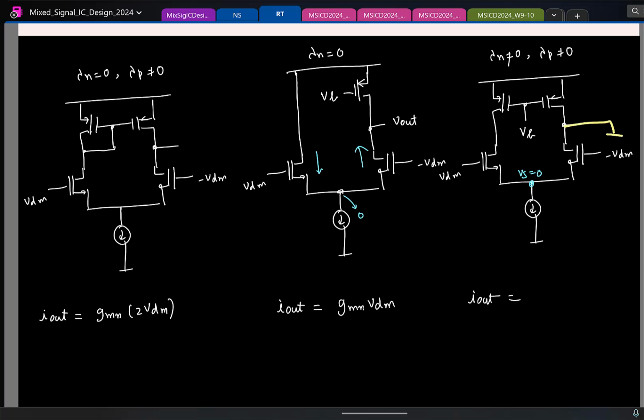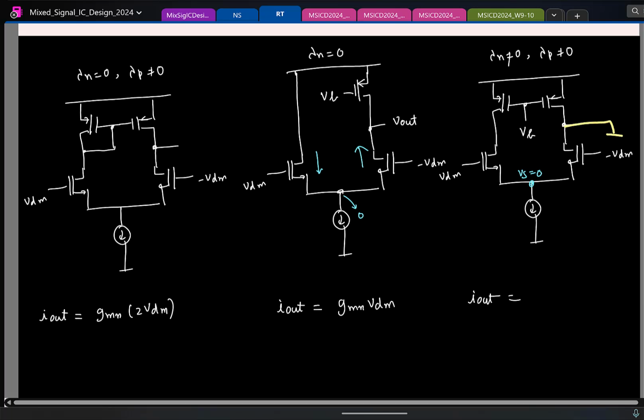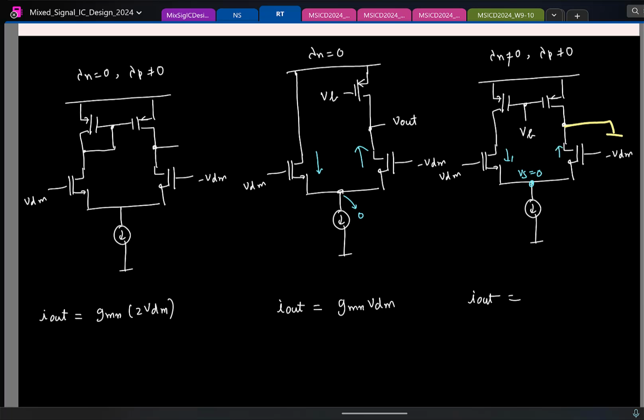Yeah, if I again short this, I'll have currents obviously flowing in both these fellows, but whatever current is flowing here will not affect my output, only this current will flow to the output. So here also it is a factor of 2 smaller. Okay, is this clear?